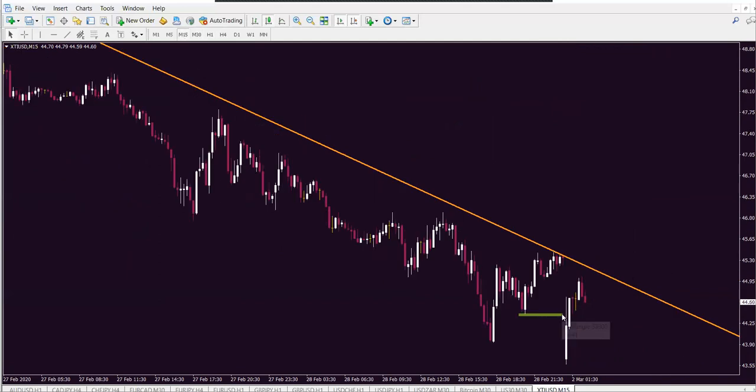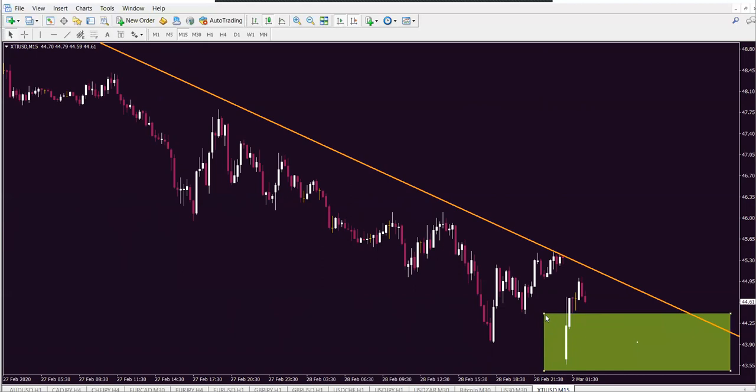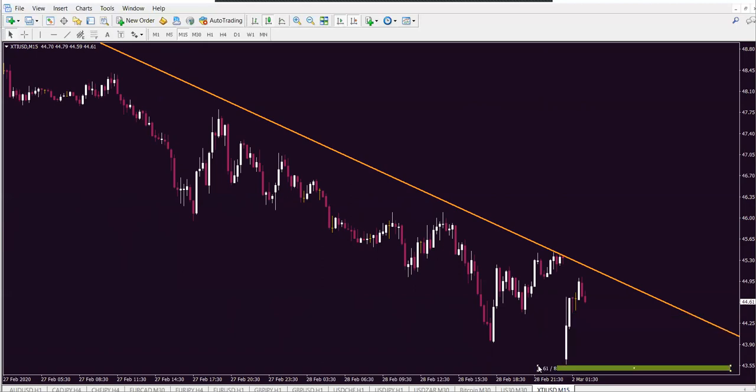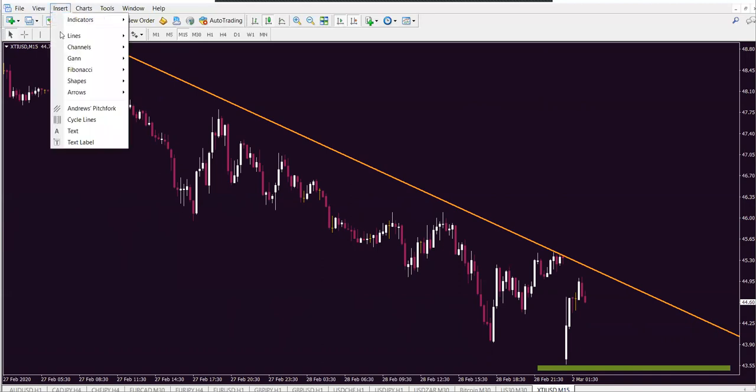Yeah, so I added this, and we're always looking for a strong break of this point, but the market gapped down, so this doesn't stand anymore.